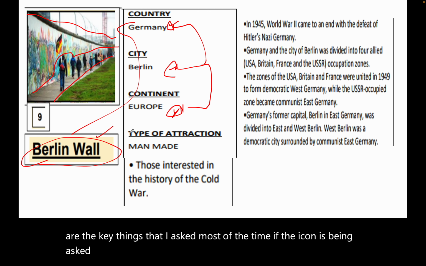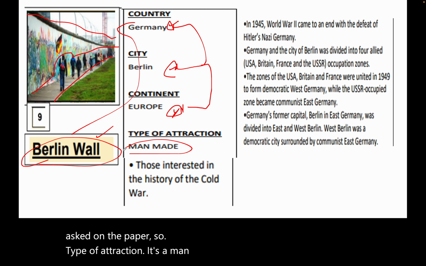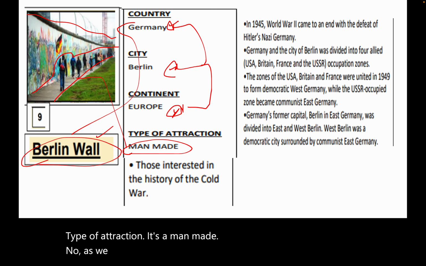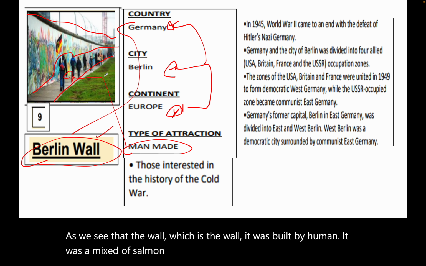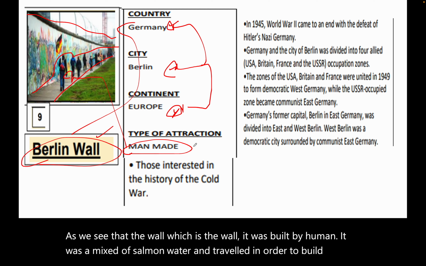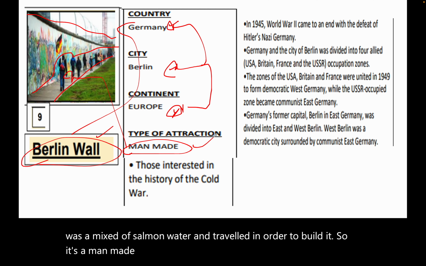The type of attraction is man-made. As we see, the wall was built by humans. It was a mix of cement, water and gravel in order to build it, so it's man-made, with human involvement in making it.